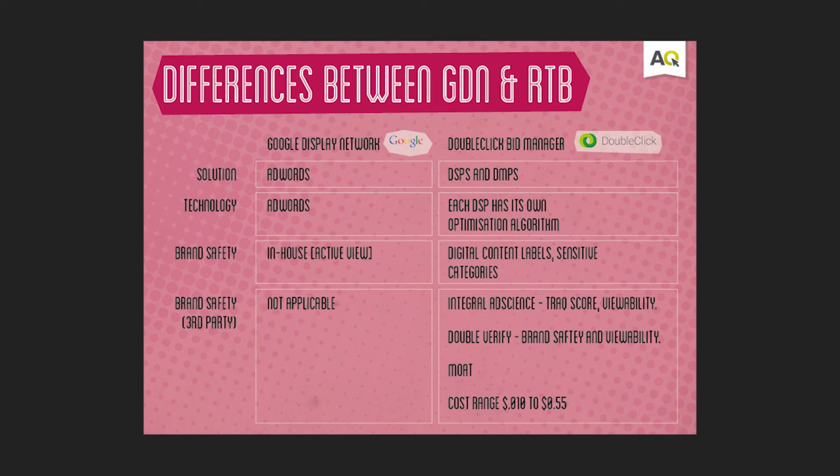On DoubleClick Bid Manager, you could target by Integral Ad Science, which have their track scores. You could target by viewability, greater than 50%, greater than 75%, Double Verify and Moat. All of this costs about 10 cents to 55 cents, depending on how you would like to target. This is 10 cents CPM.